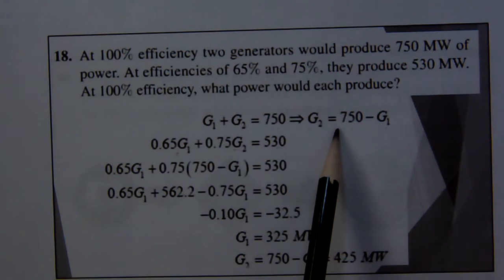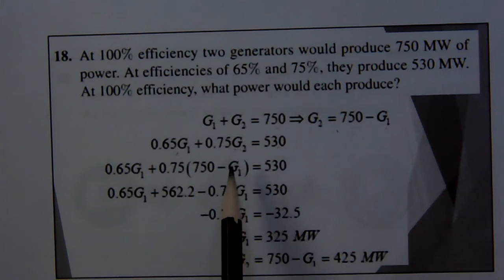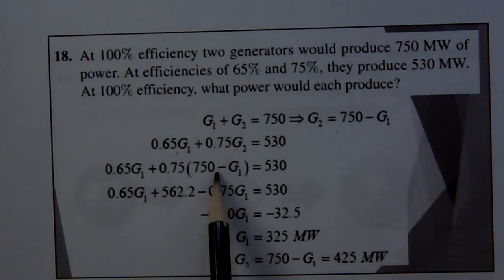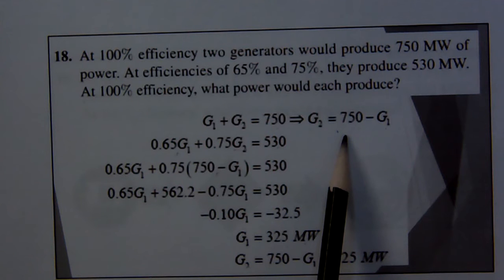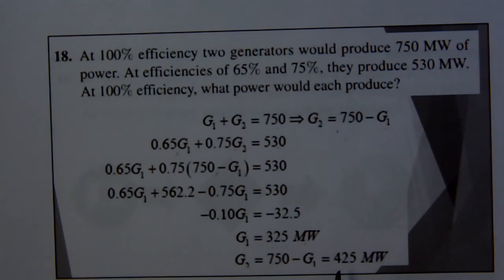Now we use this substitution that G2 is 750 minus G1 in this equation here, and we work through to solve that equation as we learned in a previous section. And we ended up with G1 is equal to 325 megawatts. And G2 then, by using this equation up here, has to be 425 megawatts.